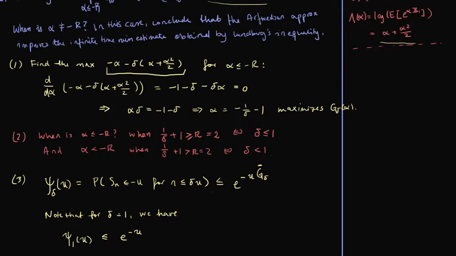So on the side, let us just try to calculate the value of minus alpha minus delta alpha plus alpha squared halves when we plug in the optimal alpha.